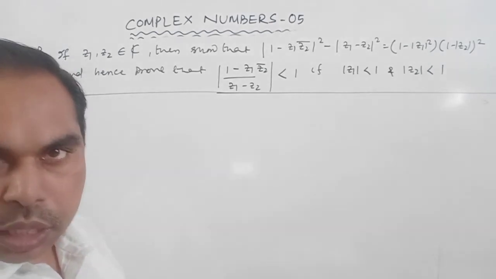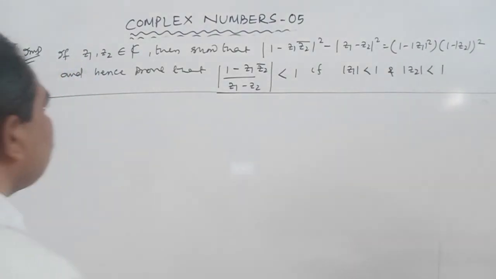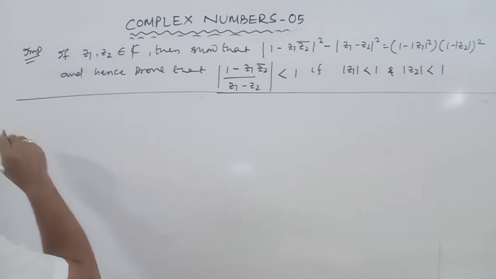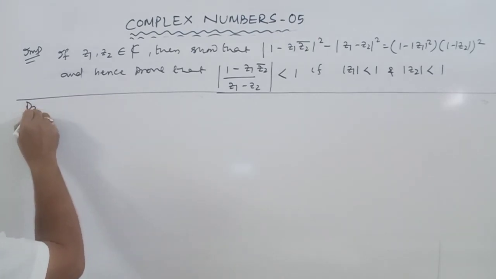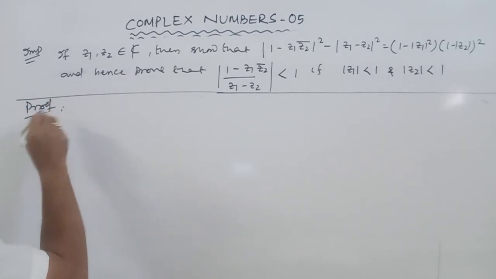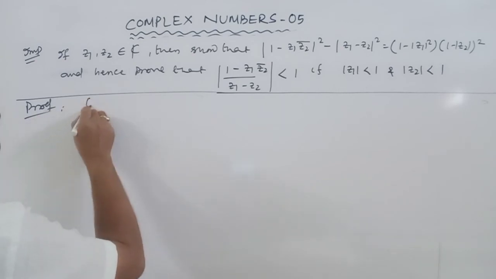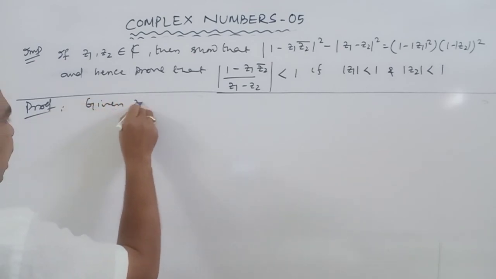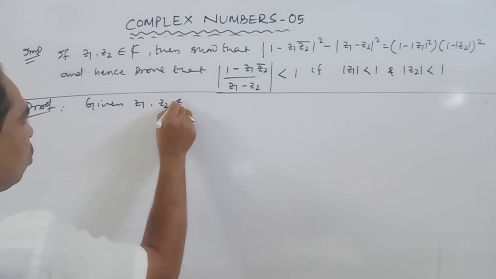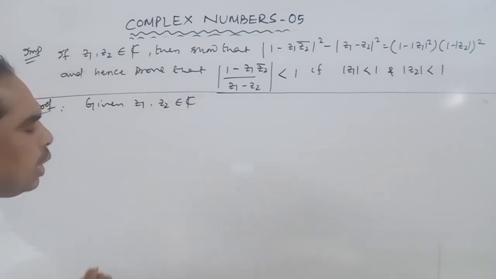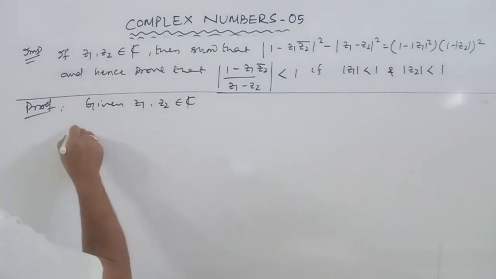Okay, using the given condition. So first the LHS part. Proof: given z1, z2 belong to the set of complex numbers C. So what is the LHS part?